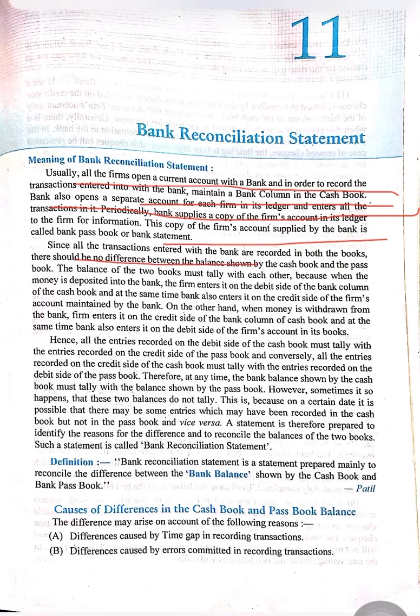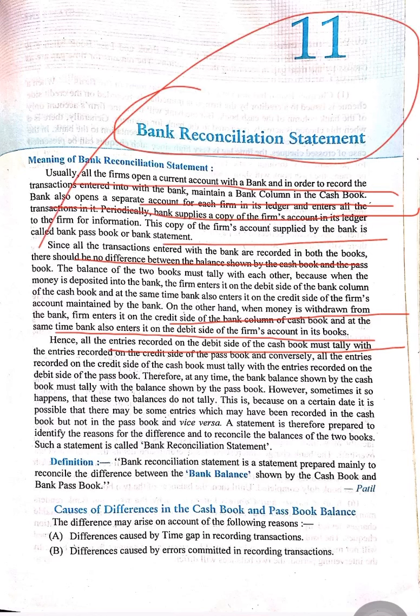When money is withdrawn from the bank, the firm enters it on the credit side of the bank column, and at the same time the bank also enters the debit of the firm's account in its books. Hence, all the entries recorded in the debit side of the cash book must tally with the entries recorded in the credit side of the passbook. But as I have already told, due to some cases these balances will not be tallied, and at that time we have to prepare a bank reconciliation statement.